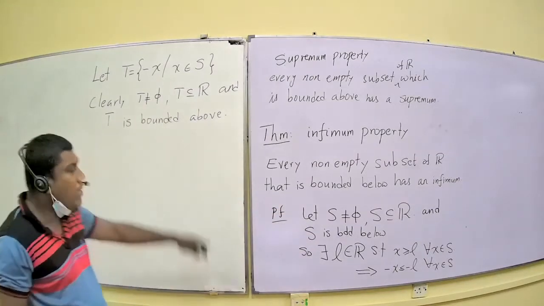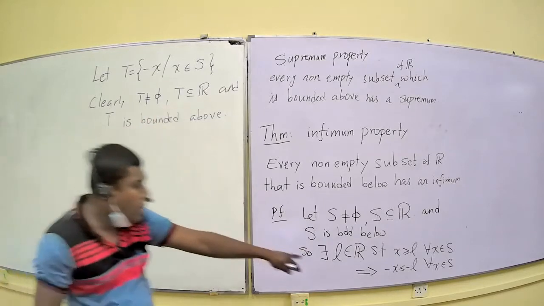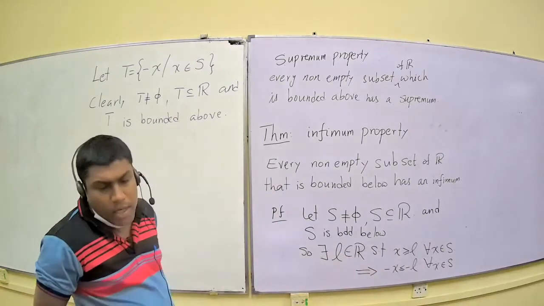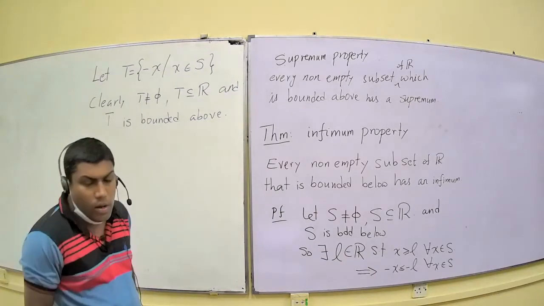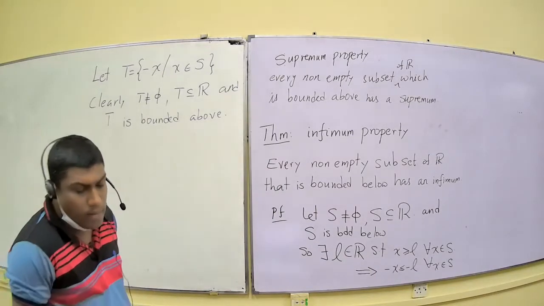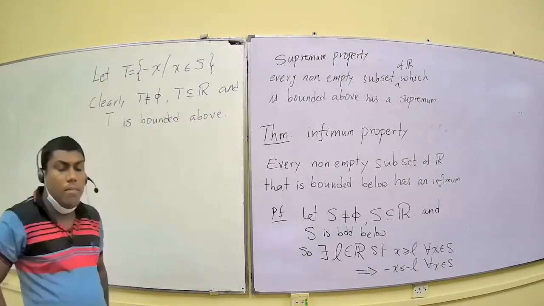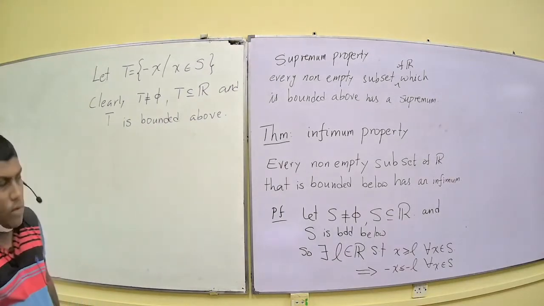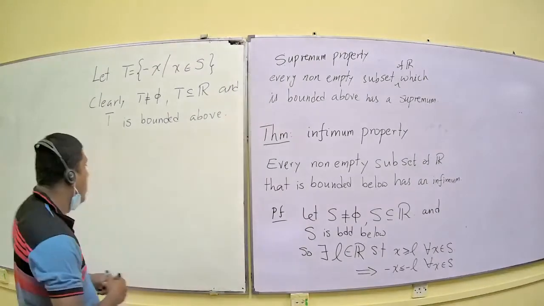Because S is a subset of real numbers, T will be a subset of real numbers. And because of this result, for all x in S, that means for all -x in T, -x is less than or equal to -L. So T is clearly a non-empty subset of real numbers that is bounded above, so you can apply the supremum property.